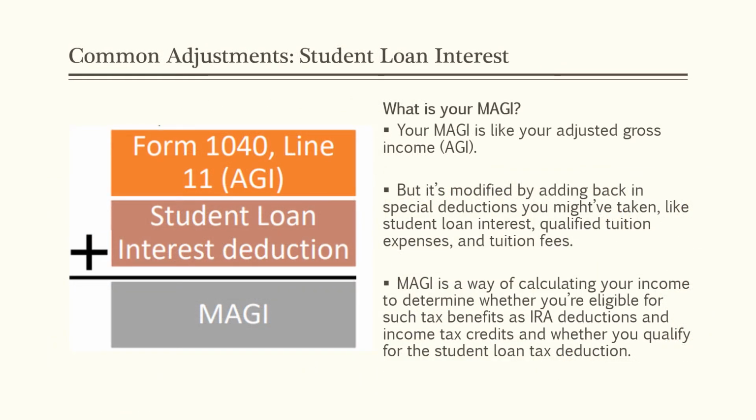So what is your modified adjusted gross income? Actually, it is the adjusted gross income from Form 1040, line 11, plus the student loan interest deduction, which gives us the modified adjusted gross income.